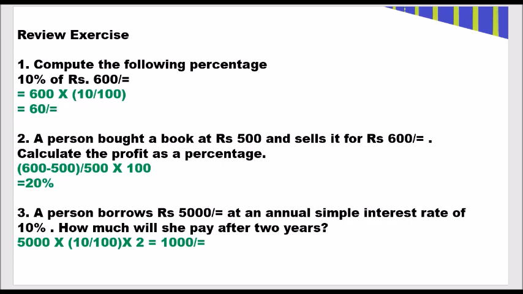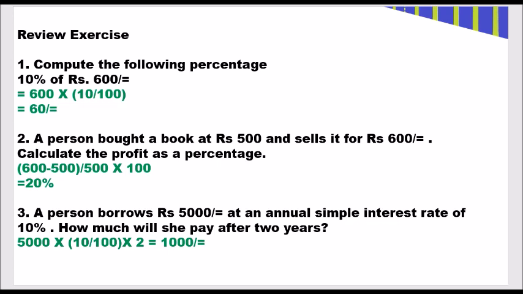Question 2. A person bought a book at 500 rupees and sells it for 600 rupees. Calculate the profit as a percentage. This is a question from the grade 9 syllabus. You know that you always calculate profit by subtracting the buying price from the selling price.